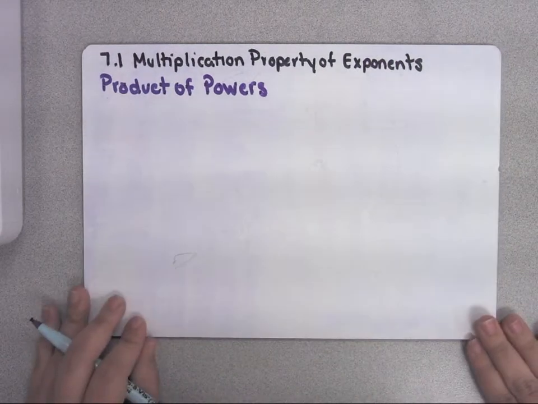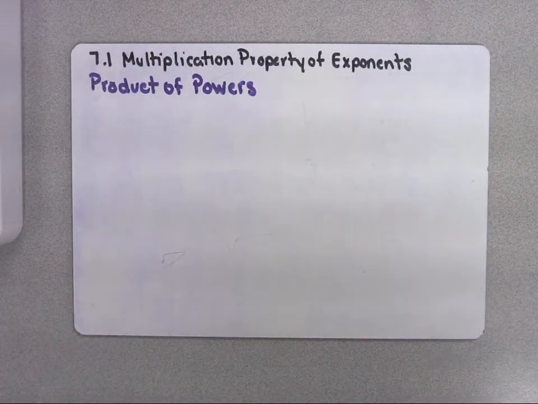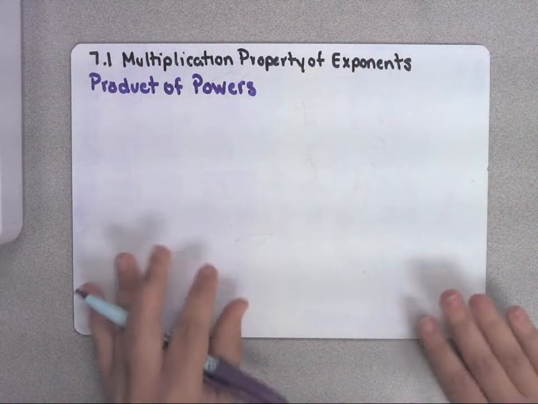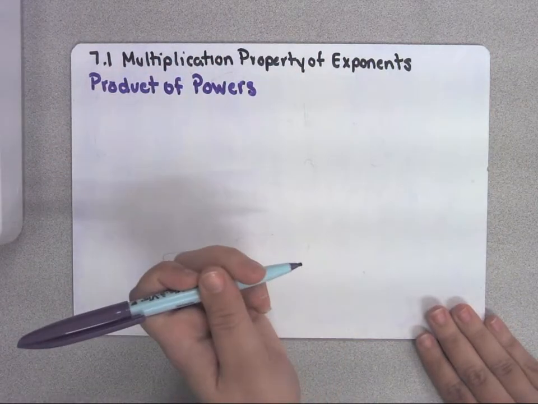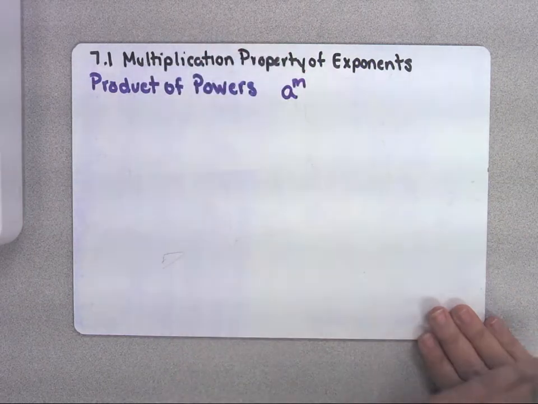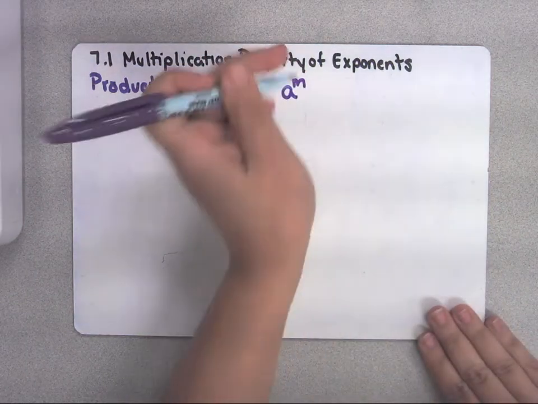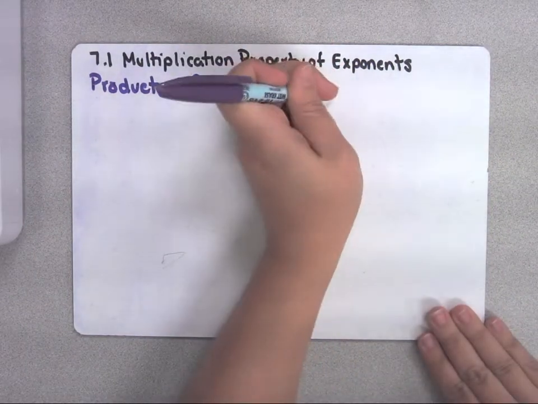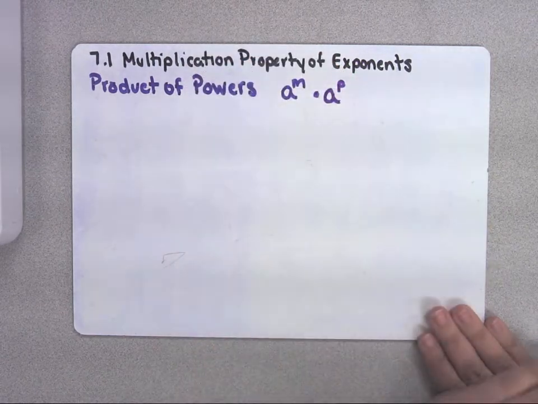I'm going to give you the general form of this with no numbers in it, and then I'll give you an example. Okay? Now, the general form, if I have a to the m power multiplied by a to the p power.